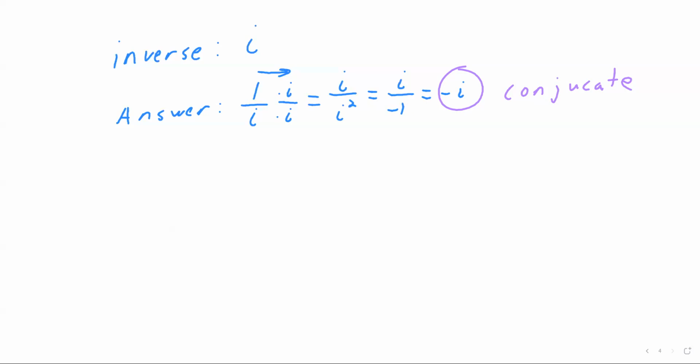I don't want to have an i on the denominator once you get your answer. How would you simplify it?